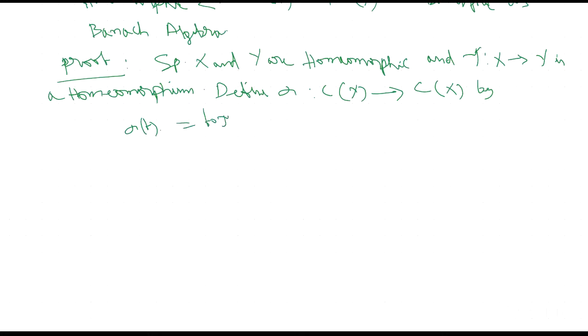Here tau maps X to Y and f maps Y to the complex numbers, so f circle tau is just a composite function.